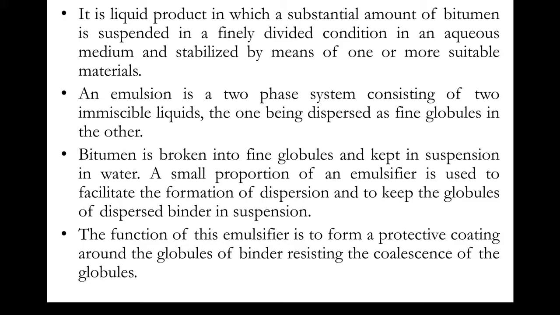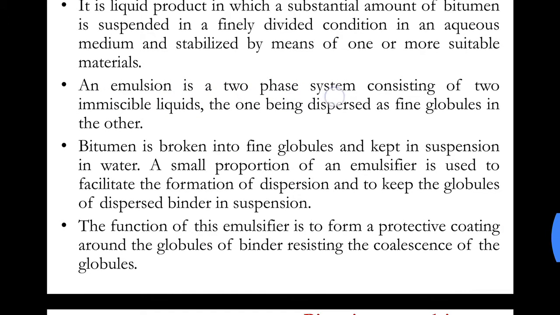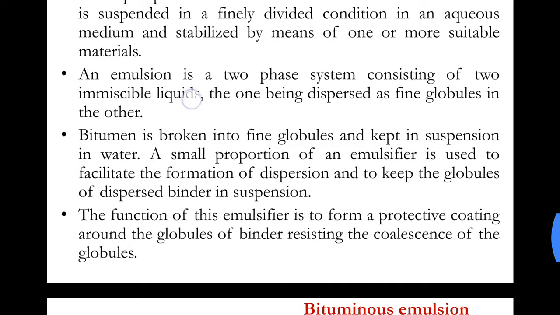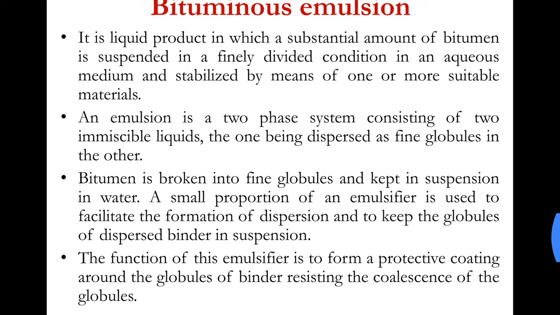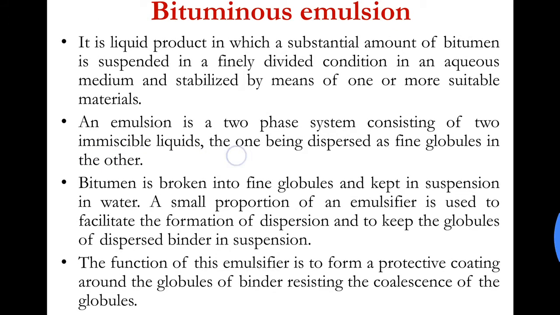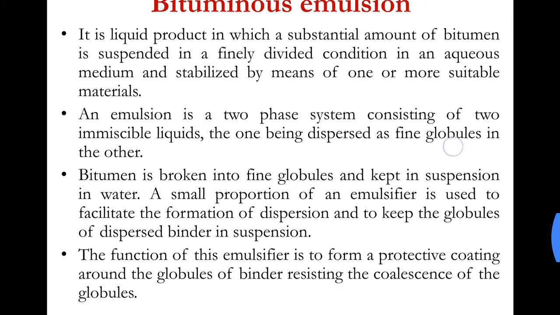An emulsion is a two-phase system consisting of two immiscible liquids. In this case, if we use water, then we add bitumen to water. Now bitumen acts as an oil, and water does not mix with oil. So these two are immiscible liquids, the one being dispersed as fine globules in the other.